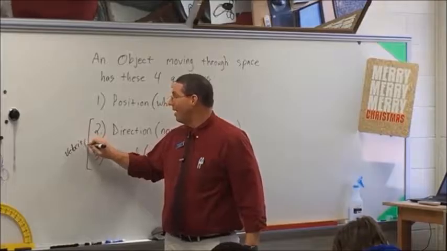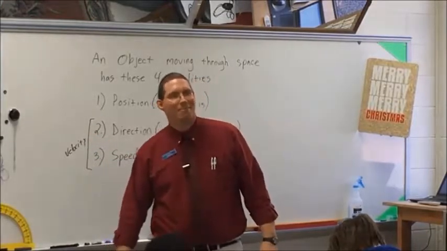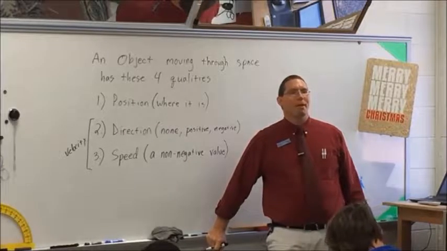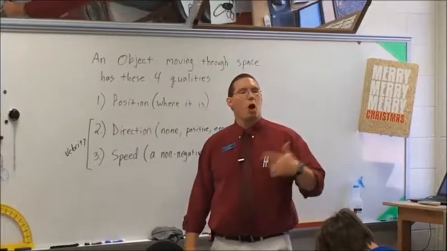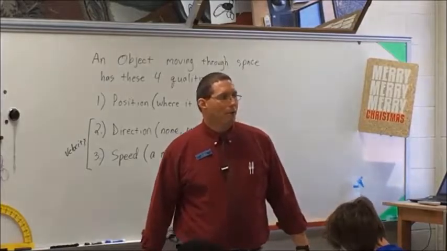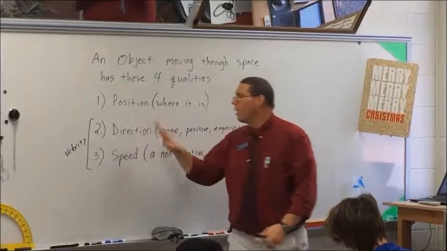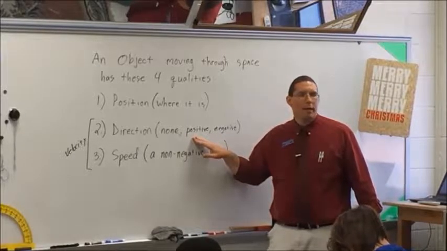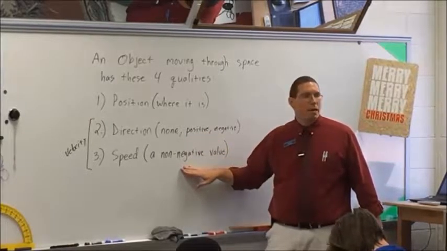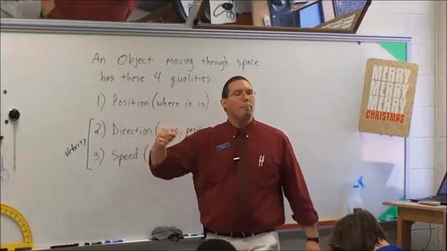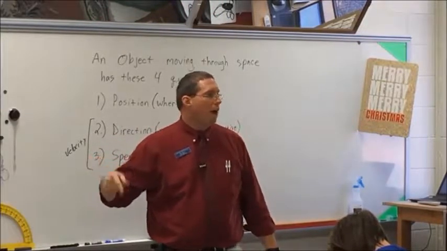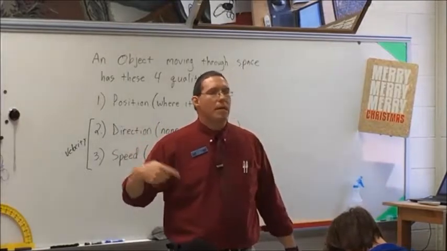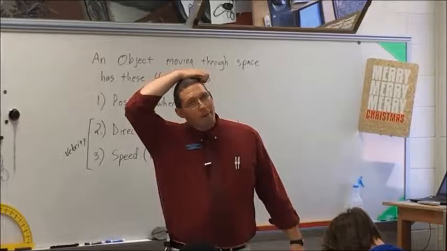And velocity is a slope, a special kind of slope called velocity. When you take the sign of the direction and combine it with the number of the speed, you get the velocity. An object that has a velocity of negative 35 is moving in a negative direction at a speed of 35. Does that make sense?